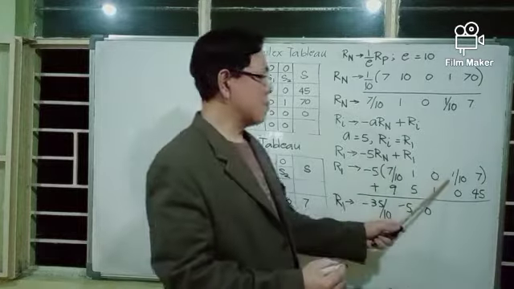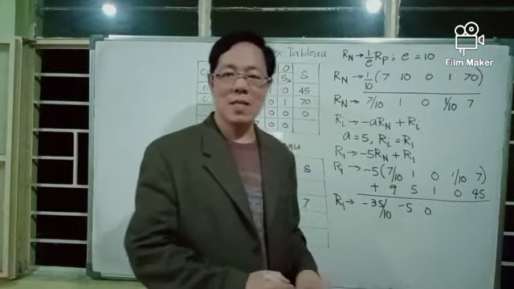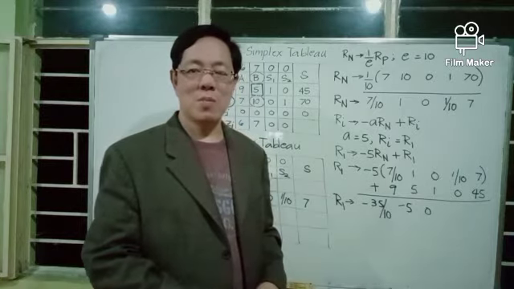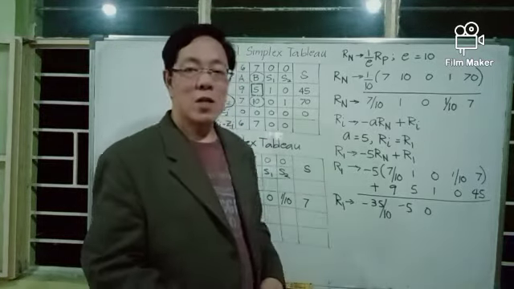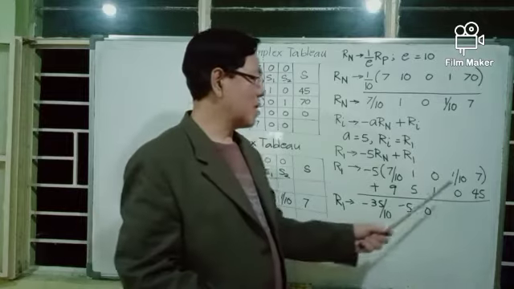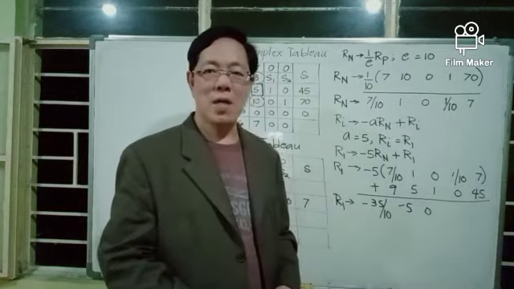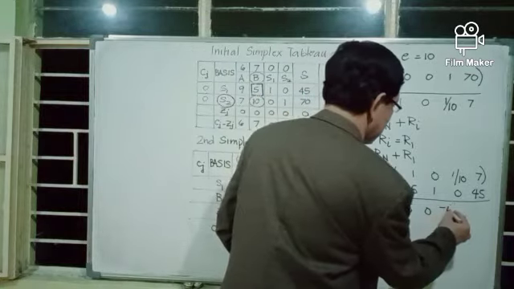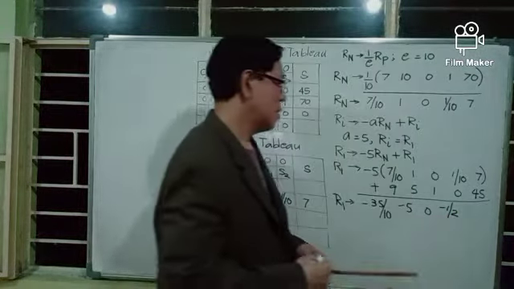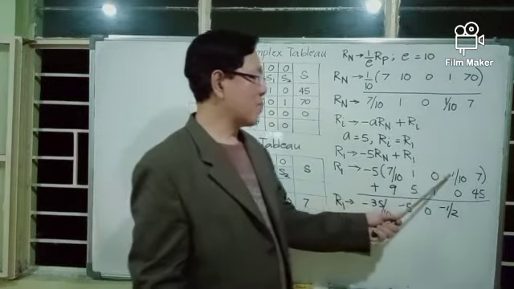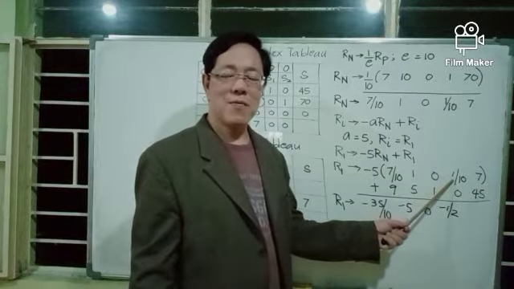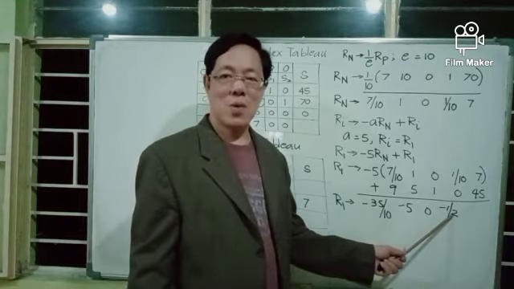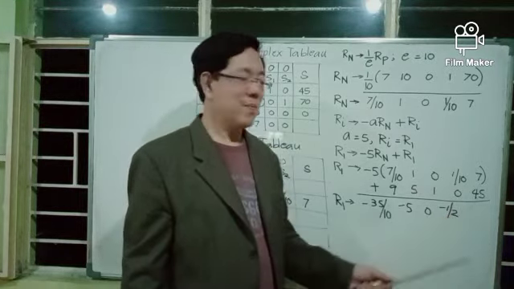Negative 5 multiplied by 1 over 10 is negative 5 over 10, and we can reduce that to lowest terms by dividing the numerator and denominator by 5, giving negative 1 over 2, or negative 1 half.